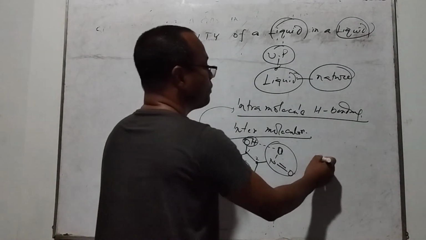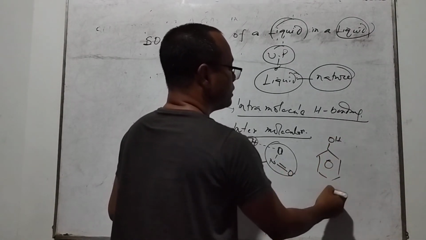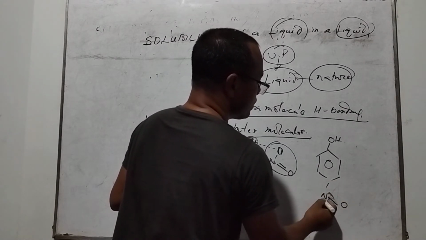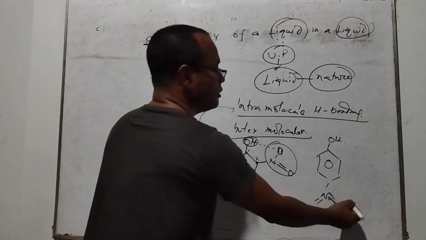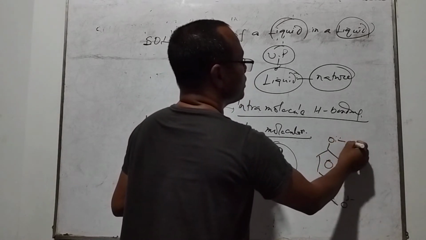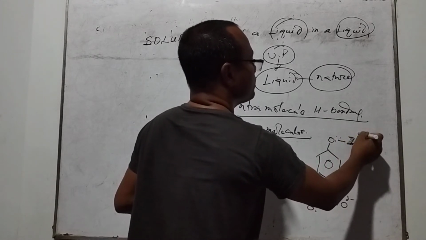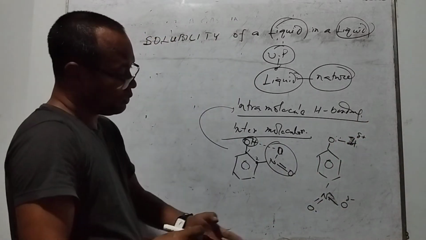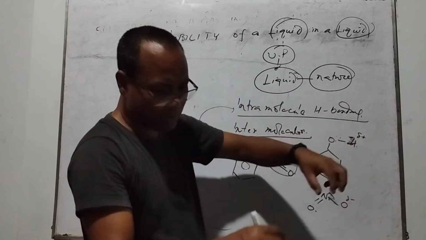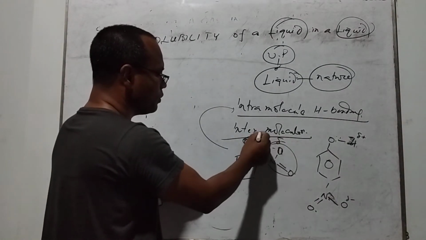Another type of this compound: when we write OH here, I write NO2 here, right? I write O here, double bond, oxygen here. This is partially negative, and this also partially carries a positive charge, right? So this negative charge and positive charge, since these two are very far apart, while in the other case these two are very close.